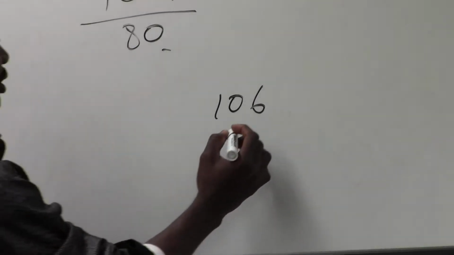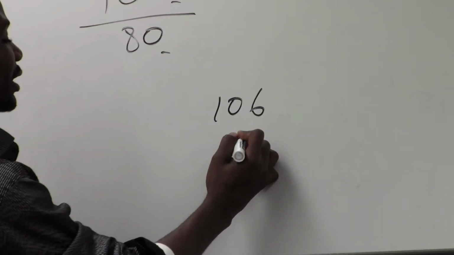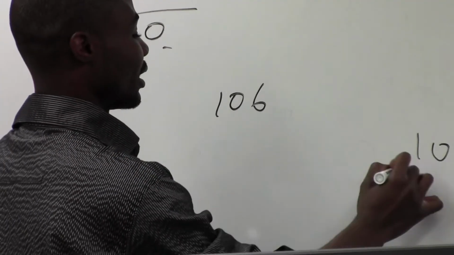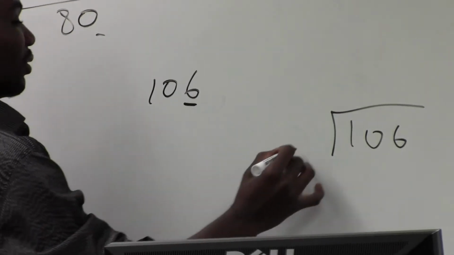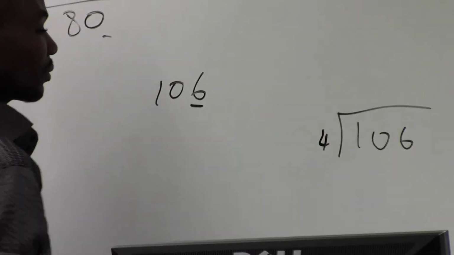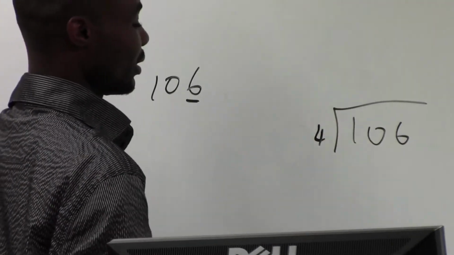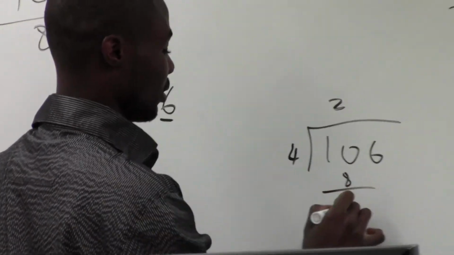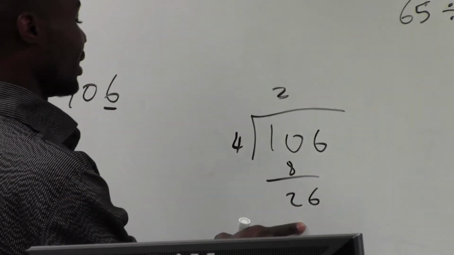But with any big number, you can think of starting with a bigger divisor. Let's say you want to divide it by 4. Let's try 4, because it's an even number. 4 goes into 10 twice, which gives us a remainder.